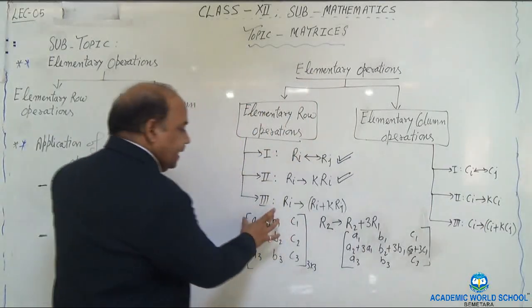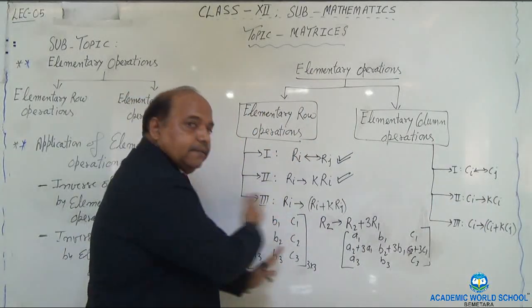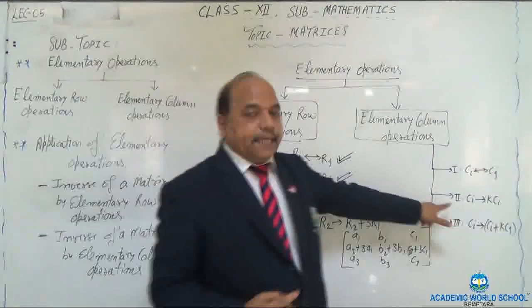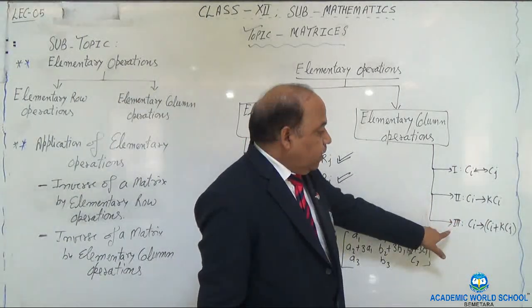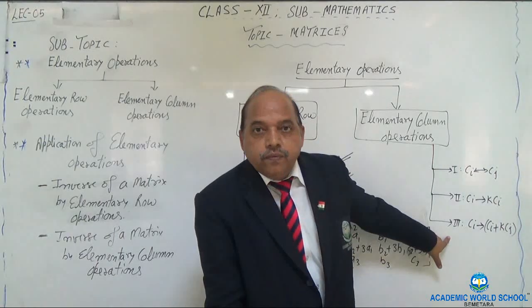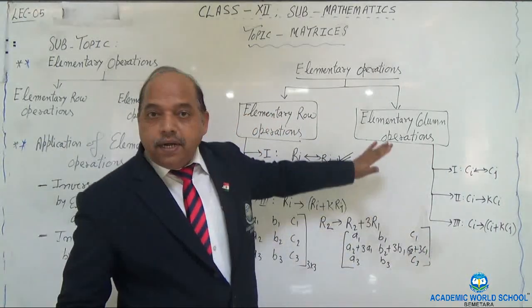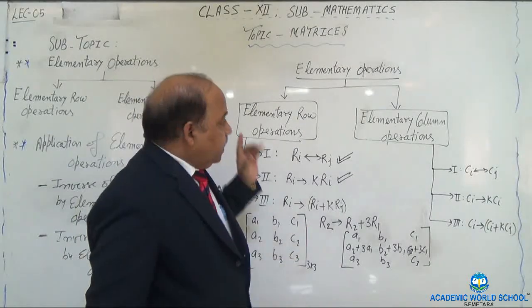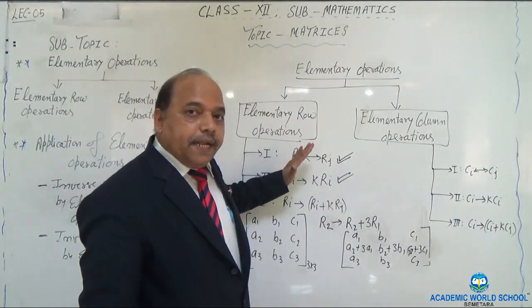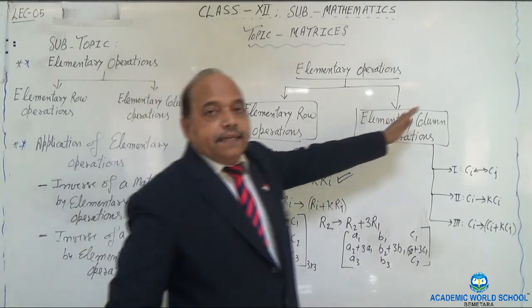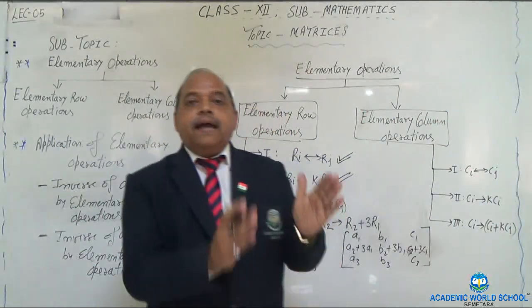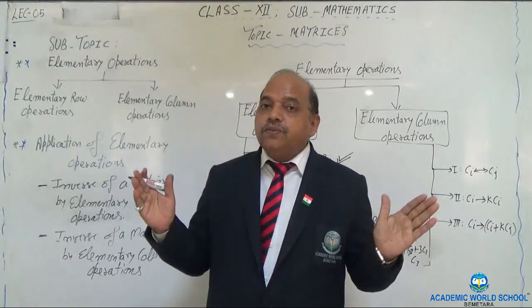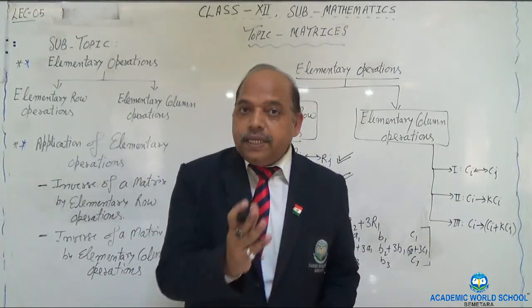You can take any two columns and reshuffle them. That is how you can apply the second or third column operation also. I hope you have understood this part. Please remember that we have to apply elementary row operations or elementary column operations separately. We should not mix these two in any question.